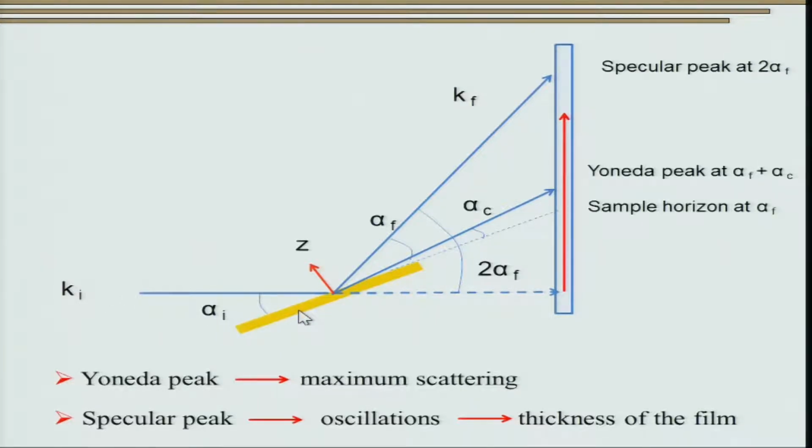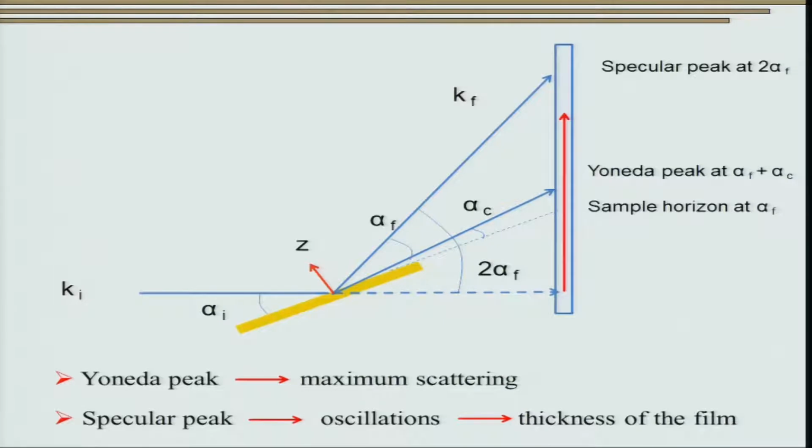What we see is there is a specular peak, right. The specular peak, as I hope you appreciate, is all along z, so this is qz, and this alpha f that you see is along qy. This gives you the in-plane information in the reciprocal space, while qz gives you out-of-plane information, right.